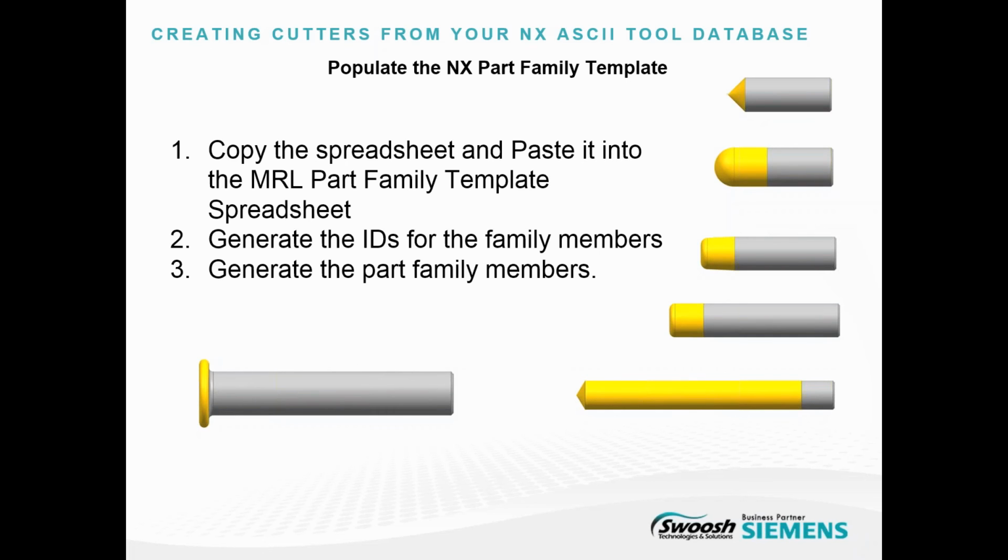So they're already installed. Starting from scratch would take a lot longer, but basically all we've got to do is copy and paste because we've already set them up for you. We generate the IDs for the family members, and we generate the part family members themselves. And I'll do that real quick.